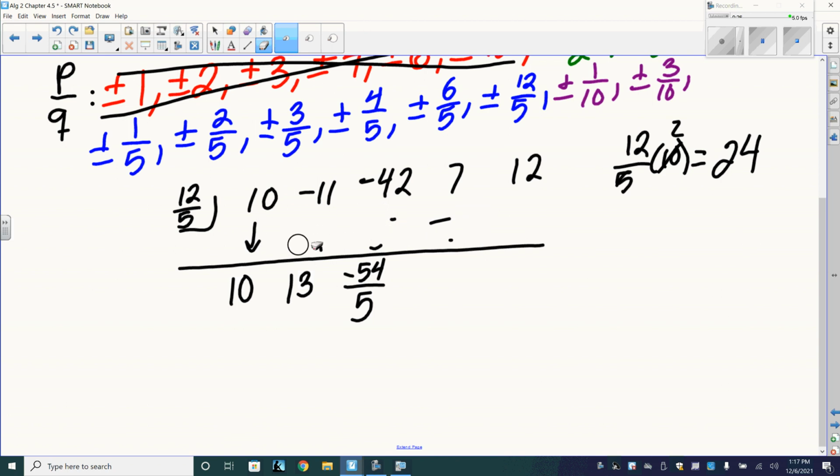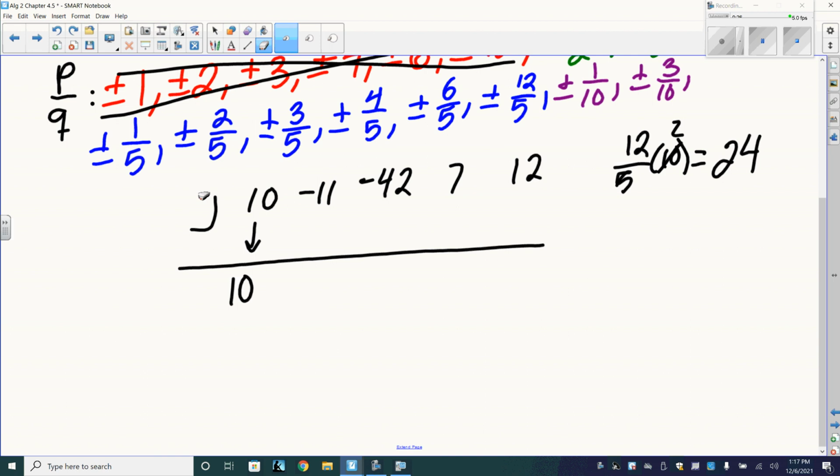And erase all this here. So 12/5 doesn't work. Well, is there any other possible number between 2 and 3 that we could have for these rational zeros? Were any of the other numbers bigger than 2?